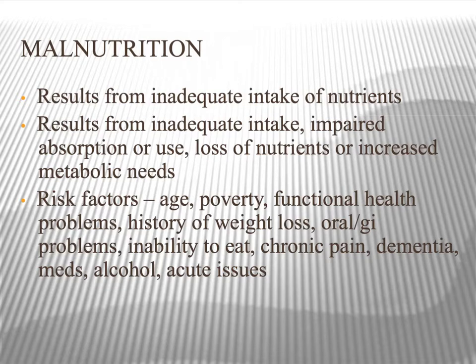People who have chronic pain, this suppresses appetite. Dementia, often forget to eat. Certain medications suppress appetite. Alcohol consumption often replaces calories that have value, and then acute illnesses or physical injuries a lot of the time.